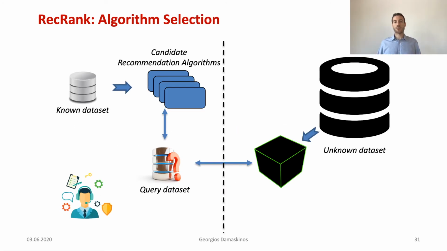So recall our problem setup. We have the newcomer, who has some limited dataset and candidate recommendation algorithms that they wish to rank and select the best from. On the other side, we have the black box that is typically trained on a significantly larger dataset, and we ask the question, what can we do with querying this black box? So RecRank comes into play and gives us a distance between each one of these candidates and the black box.